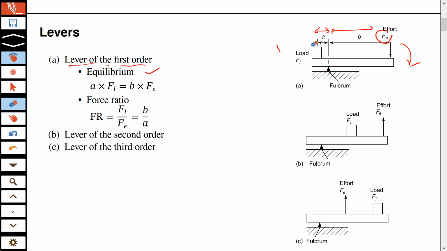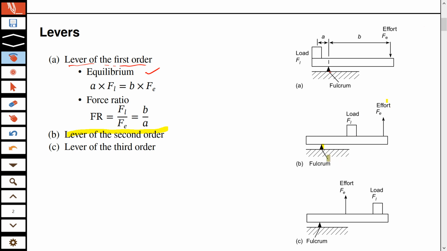You don't speak of velocity ratio here because you typically use a lever for balancing, and it's a static equilibrium. So then you have a lever of the second order. Here the fulcrum is on one side and both the load and effort are on the other side.